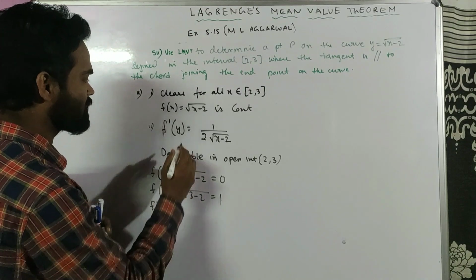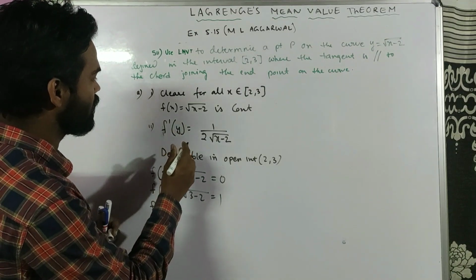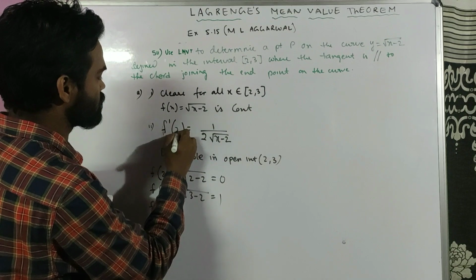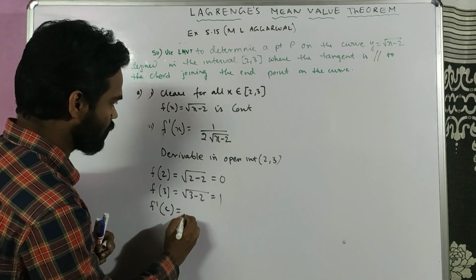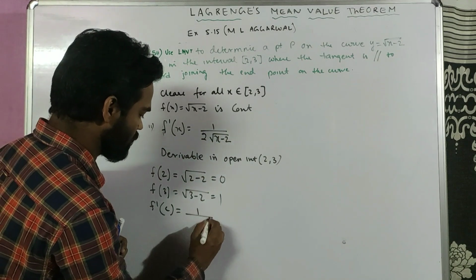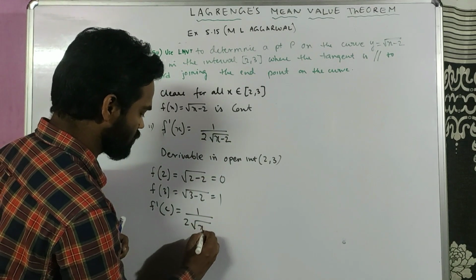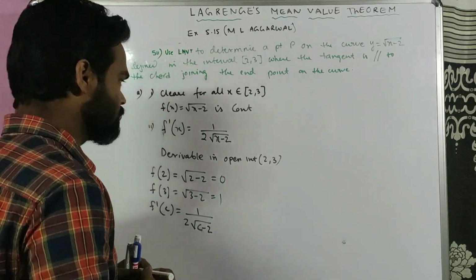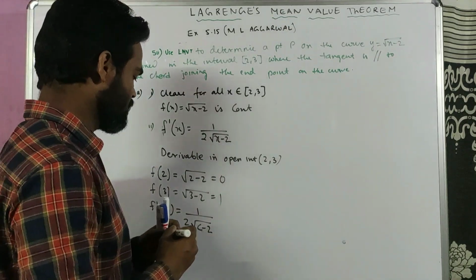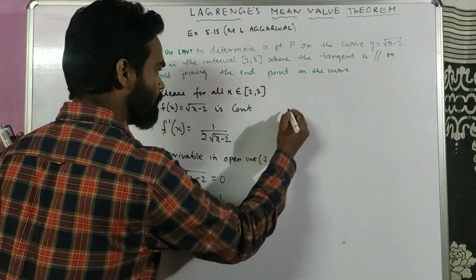And f dash x we have already got, so f dash C will be what? This will be 1 by 2 root c minus 2, isn't it?